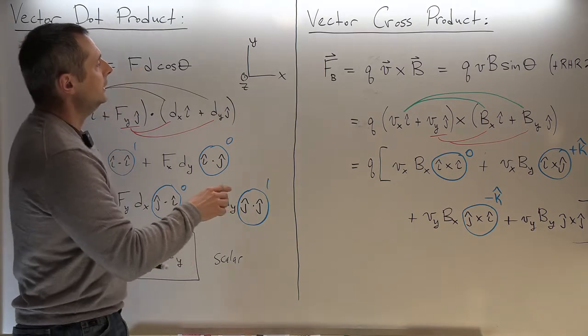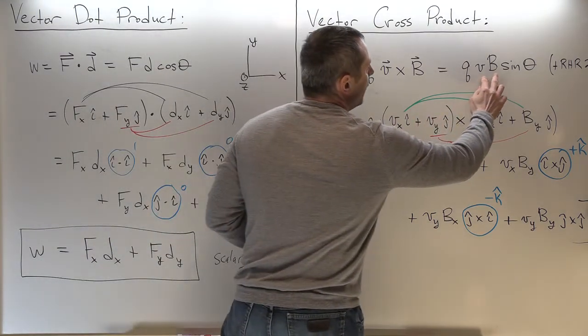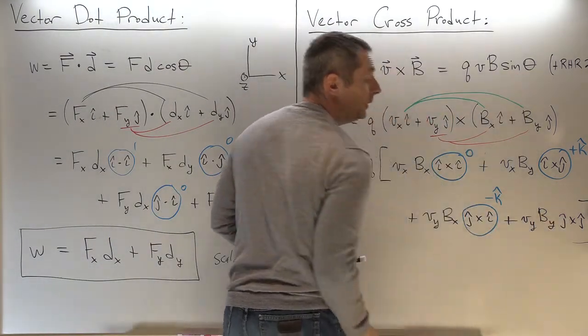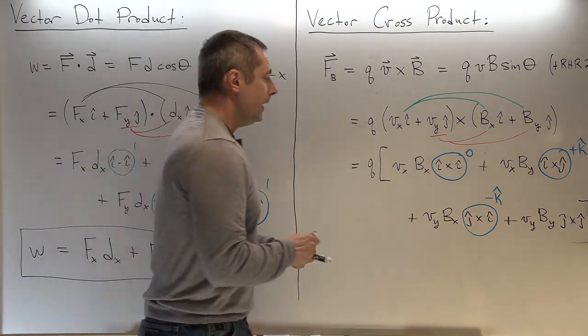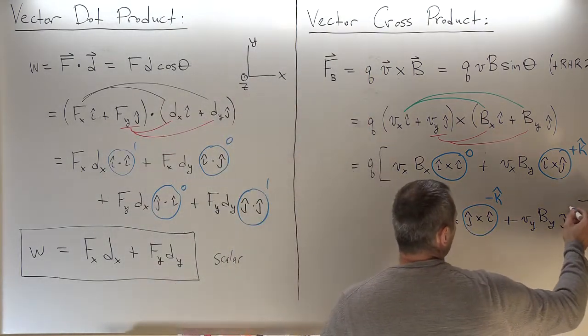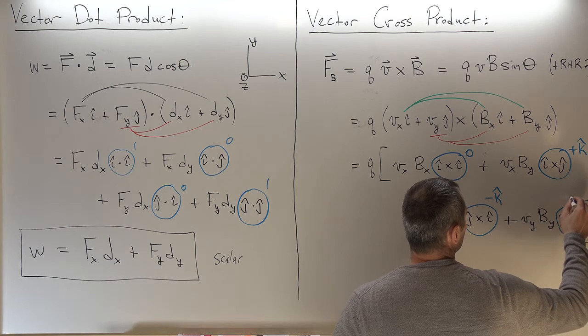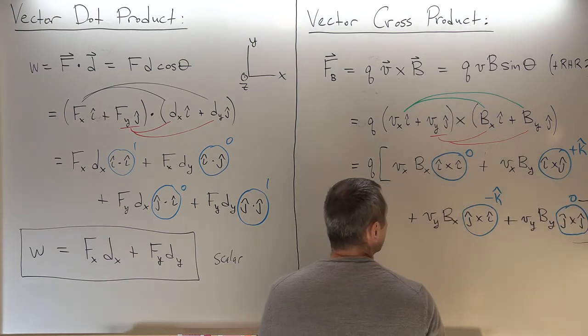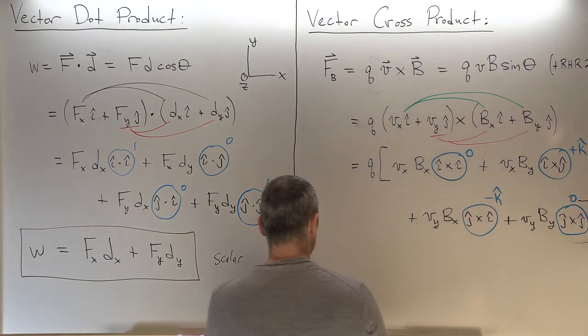And then lastly, j hat cross j hat, 1 times 1 sine of 0 degrees between y direction and y direction, which is also 0. So the only terms that survive are these two.